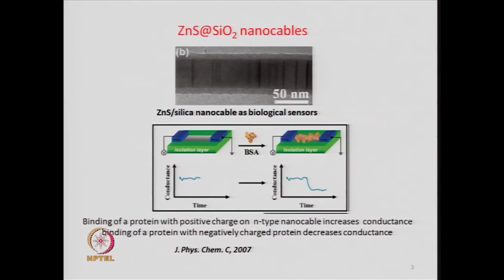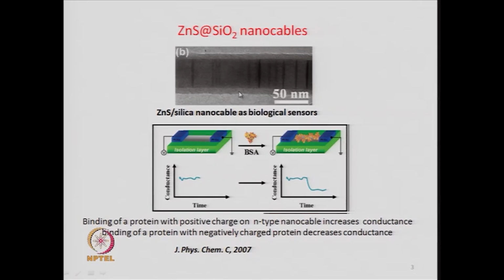So, the first example that we can discuss is a zinc sulphide core with a shell of silica, and the core shell structure is not spherical, but is in the form of a thick wire, or we can call them nano cables.